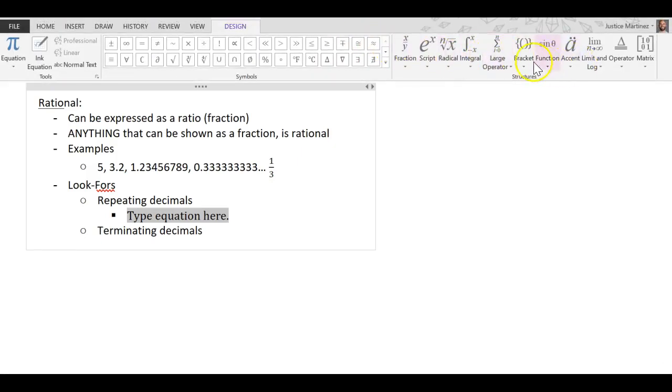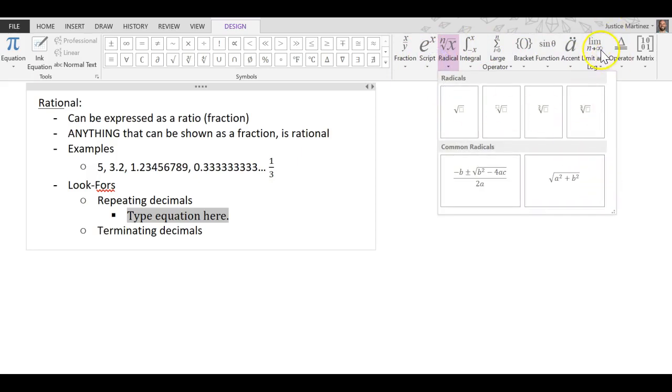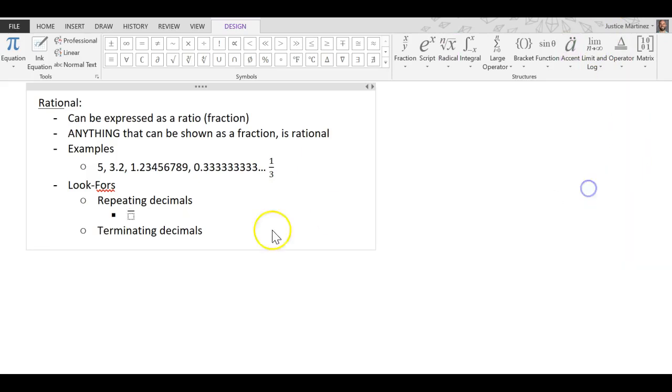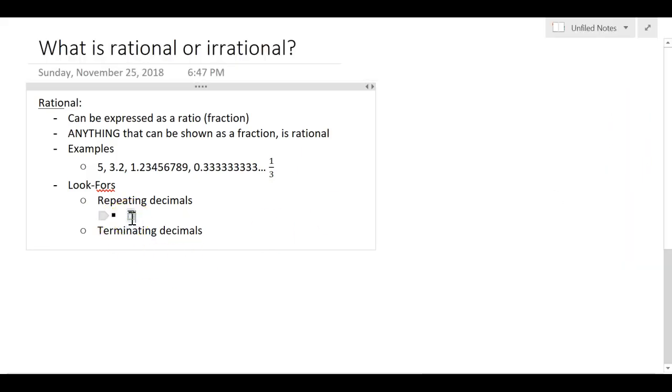So 0.3 repeating, with the 3 repeating, would be a repeating decimal.